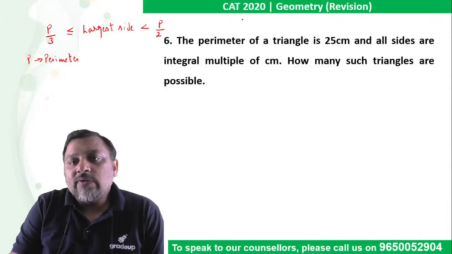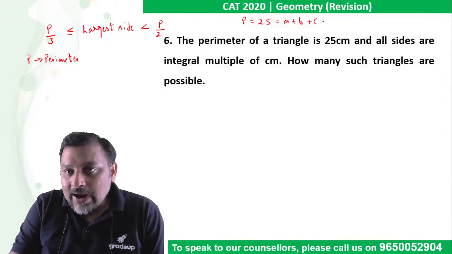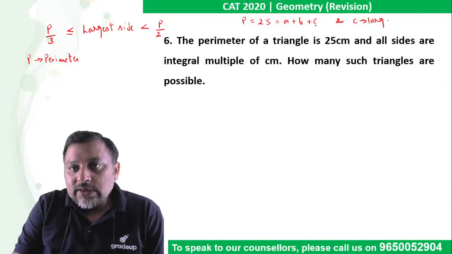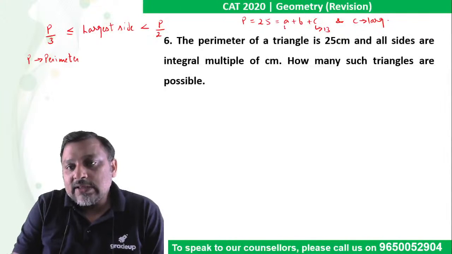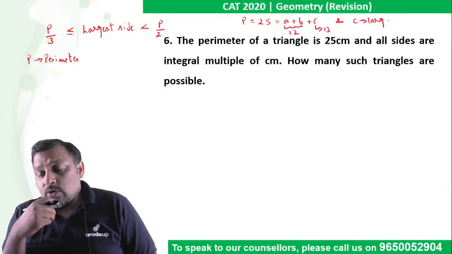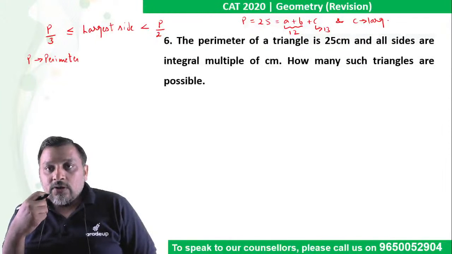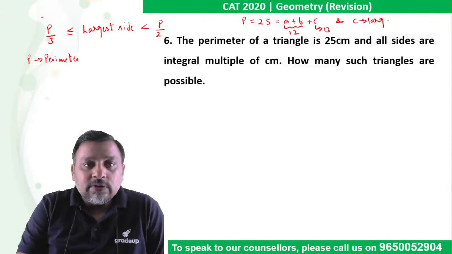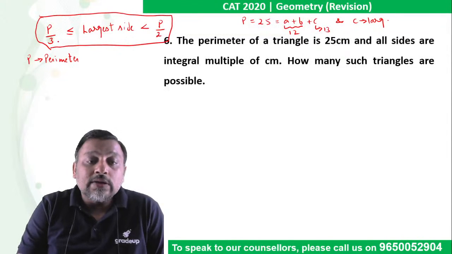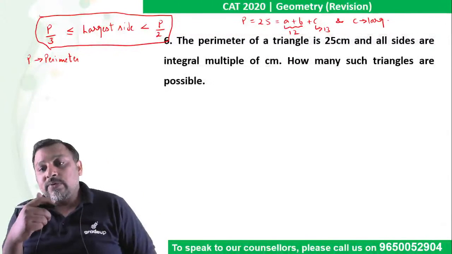Because if I say the perimeter is 25, which is the sum of these three sides, and I take C as the largest, then C cannot be 13, because if C is 13, the sum of the other two would be 12, so I would not get a triangle, because in a triangle the sum of any two sides is more than the third side. So that is why we have this concept that the largest side is more than or equal to 1/3 of the perimeter, but less than half of the perimeter.